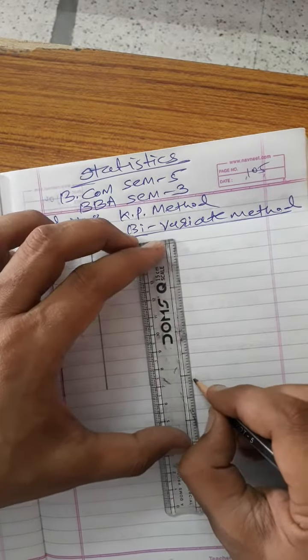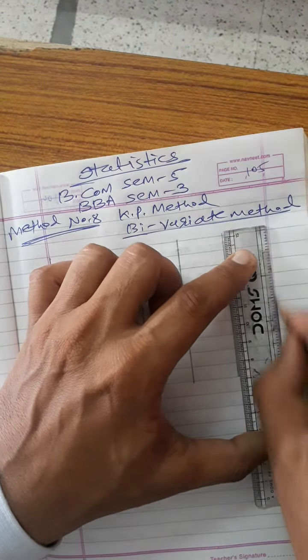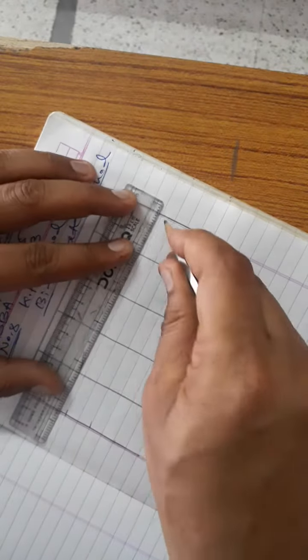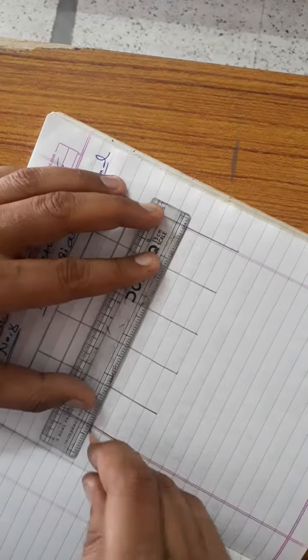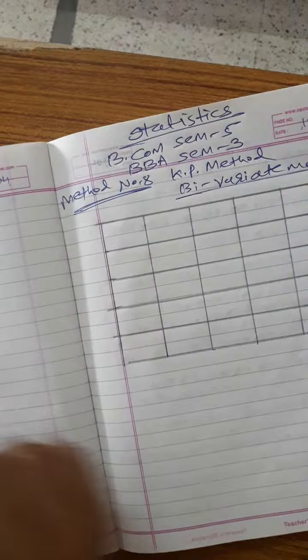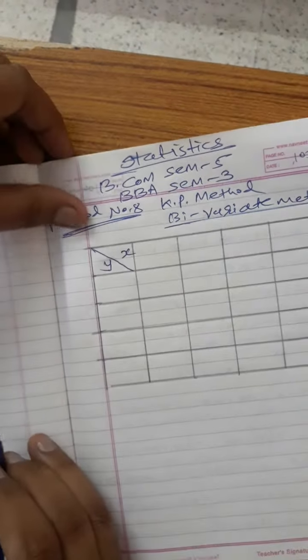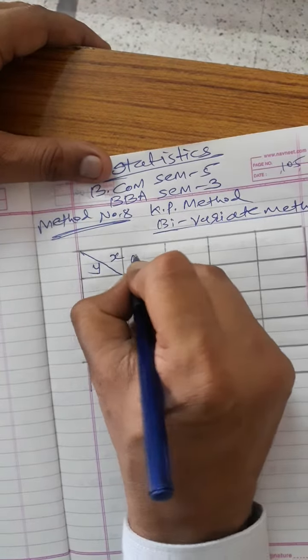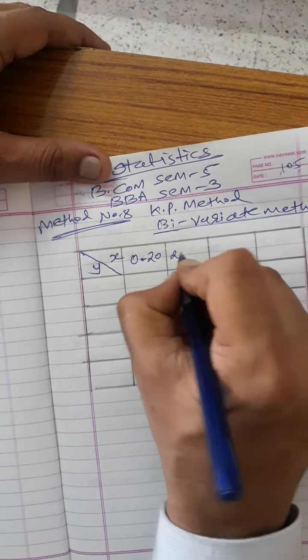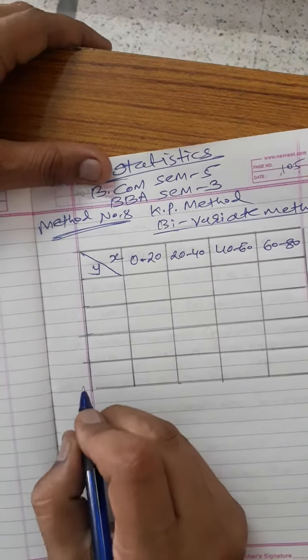Four classes are given in the X and four different values are given for Y. Suppose this type of question, here X and here the Y. In the given X, the classes are 0 to 20, 20 to 40, 40 to 60 and 60 to 80.